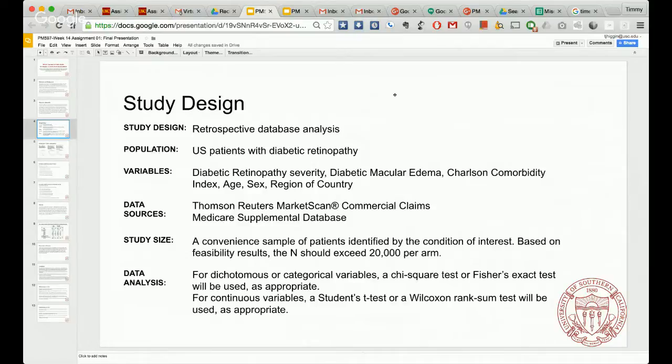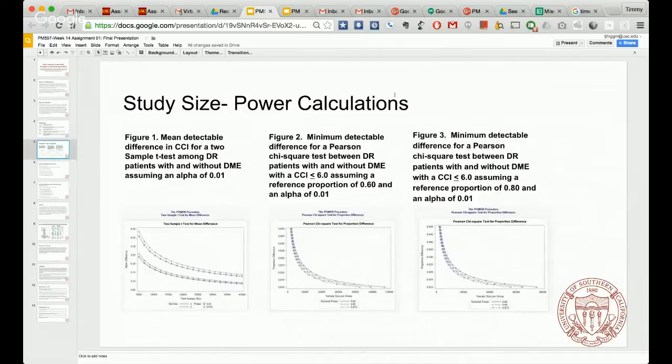The study size, which I'll talk about in a little bit, involved a convenience sample from those two databases, and for feasibility's sake, we did power calculations to determine 20,000 patients per arm was sufficient for the two cohorts. And then as far as data analysis, for categorical variables we used a chi-squared test, and for continuous variables, a t-test was utilized.